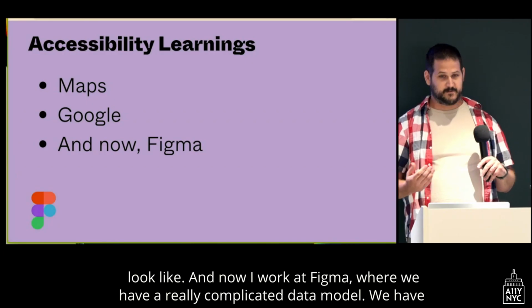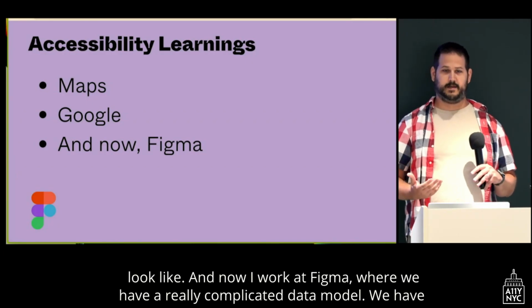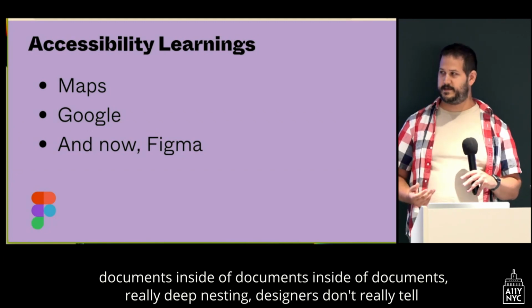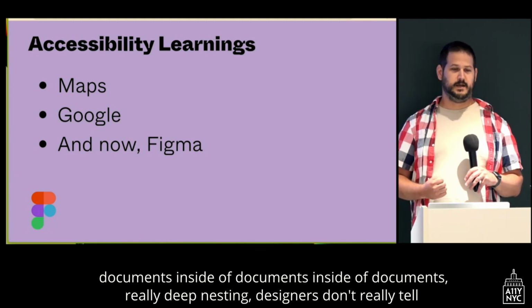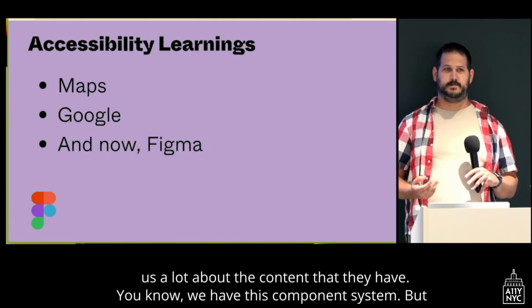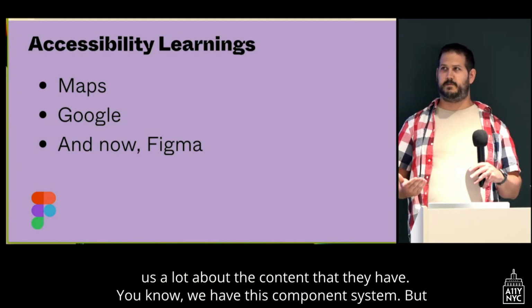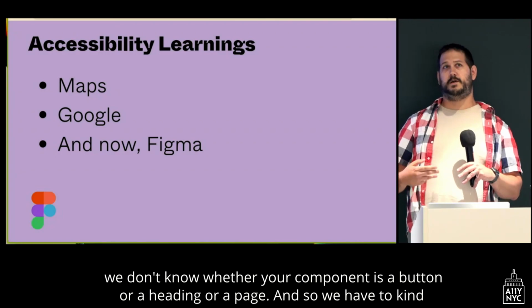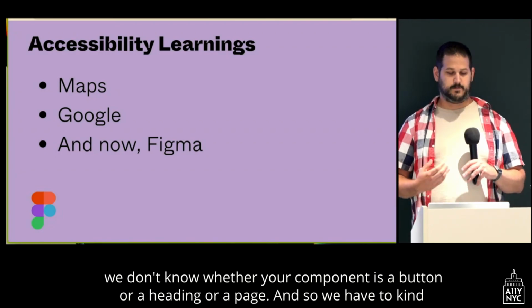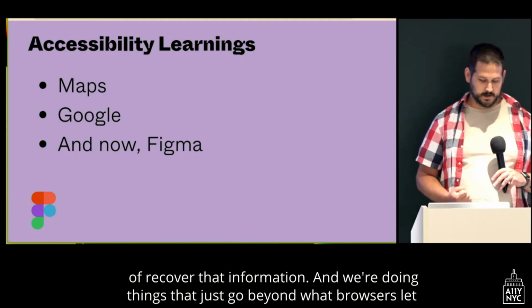And now I work at Figma, where we have a really complicated data model. We have documents inside of documents, really deep nesting. Designers don't really tell us a lot about the content that they have. We have this component system, but we don't know whether your component is a button or a heading or a page, and so we have to recover that information.